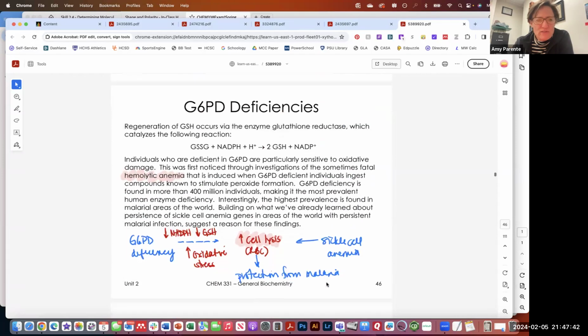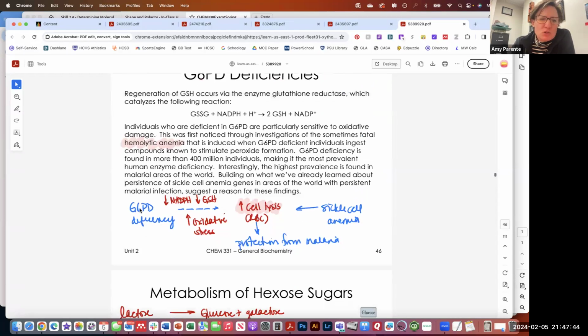And so we saw that in this story where individuals who are G6PD deficient are going to have low levels of NADPH. They're going to impair their ability to regenerate their glutathione. They're going to be more susceptible to oxidative stress, which in a downstream way makes them more susceptible to red blood cell lysis. And that's called hemolytic anemia, right? But then we can tie that together. We know that people who have increased cell lysis are resistant to malaria.